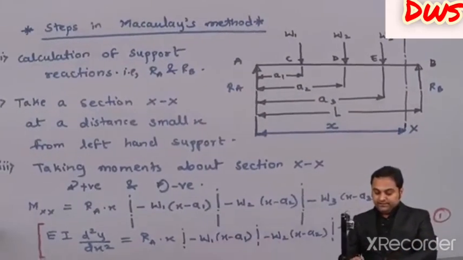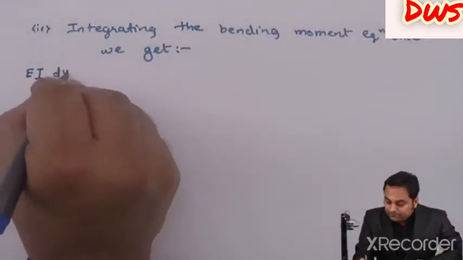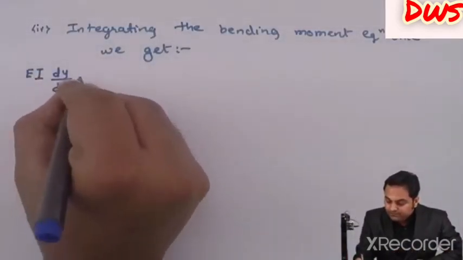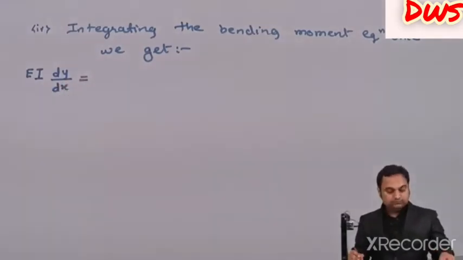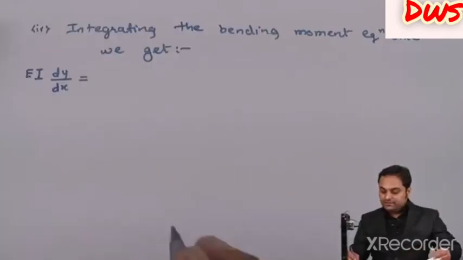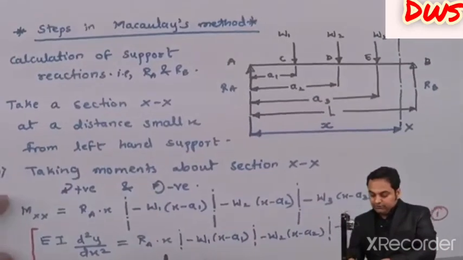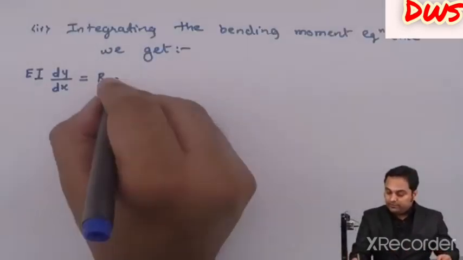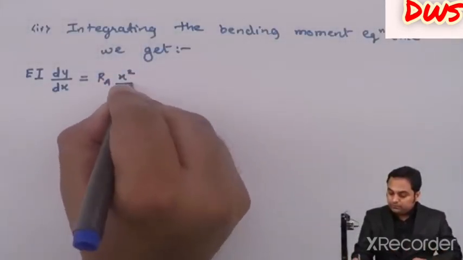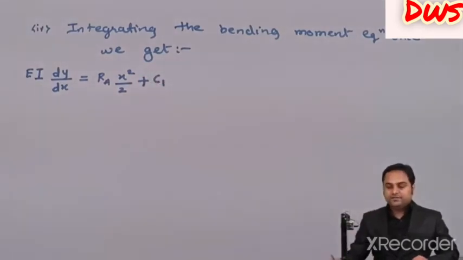Next, integration of d square y by dx square is dy by dx, which is equal to, now RA will remain as it is because it is a constant value. Integration of x will be x square by 2, plus C1, that is the constant of integration.